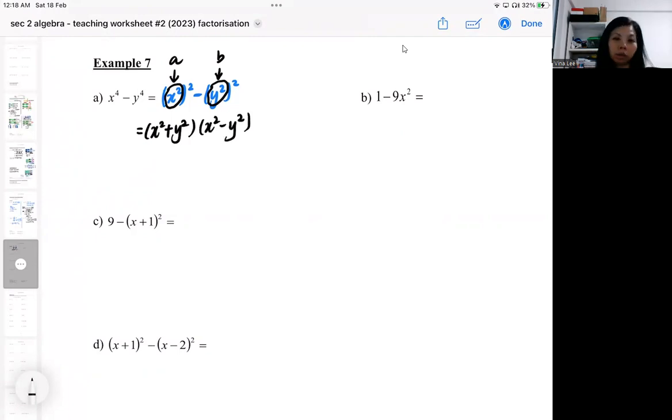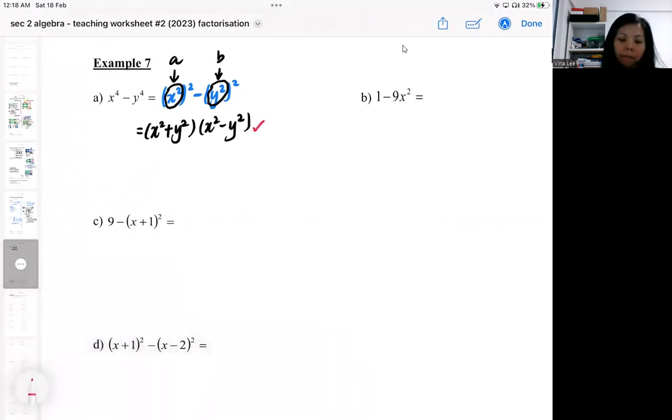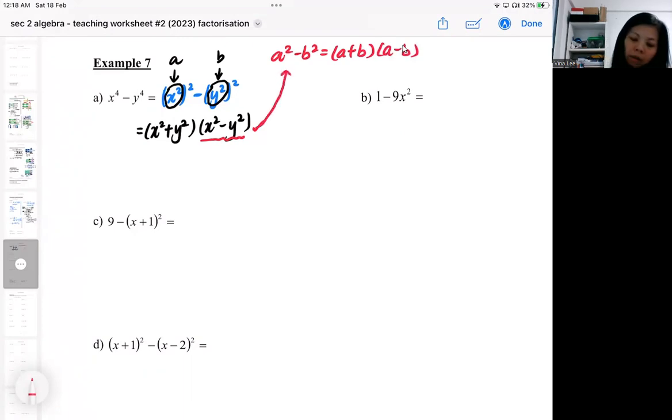Most students will stop here. If you can come to this part, you're actually correct already. But your teacher will give you a carrot because this part actually fulfills the same formula. The x squared minus y squared fulfills exactly the same formula.